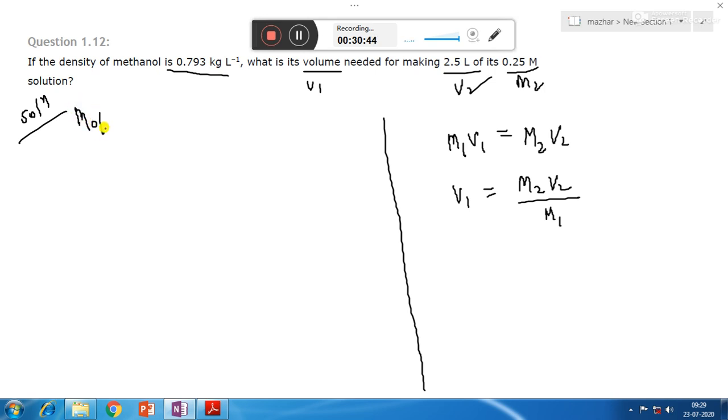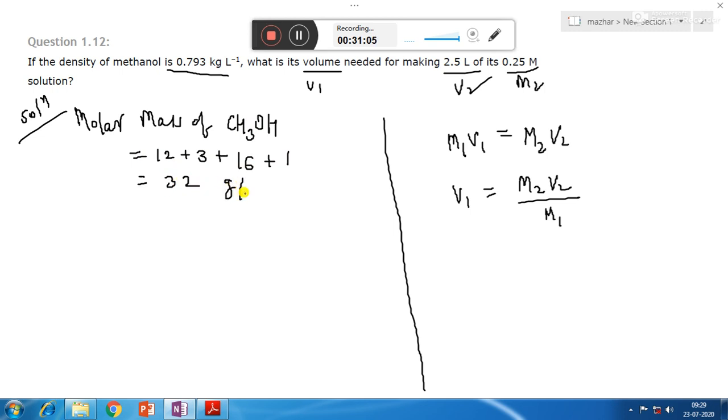For that, first of all we have to find out the molar mass of methanol. Now the formula of methanol is CH3OH. So that is equal to 12 plus 3 ones are 3 plus oxygen 16 plus hydrogen 1. So that will come out as 32 gram per mole. Now we have to find out molarity M1.